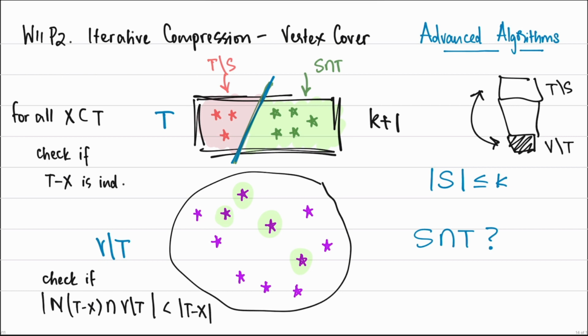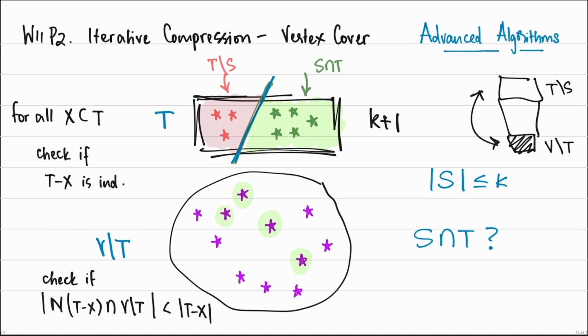So if both of these checks pass, that is, t minus x is independent and it has a smaller neighborhood in v minus t than its own size, then we can combine x with the neighborhood of t minus x in v minus t, and we get away with a smaller vertex cover than the one we started out with. Okay, so then we are in business. But if either one of these checks fails, then we move on to the next guess, and if none of the guesses work, then we can say no.